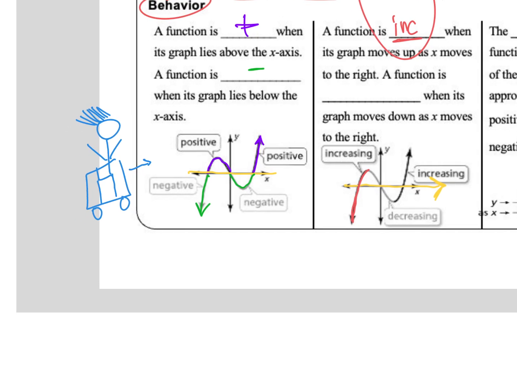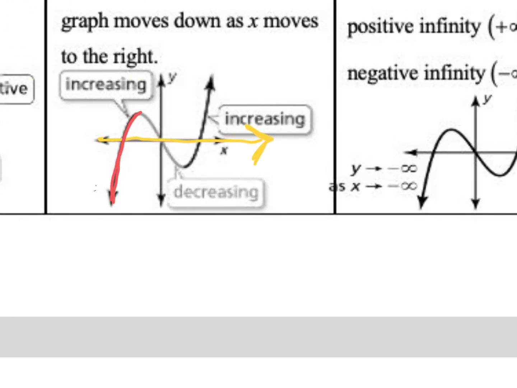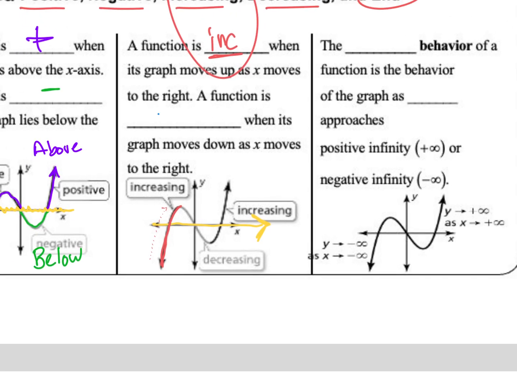So when it comes to positive and negative, it's almost like this is water and positive is above water and negative is below water or underwater, right? Increasing is, well, you're increasing up on a roller coaster, right? As you're getting higher and higher and higher. And then, I bet you guessed it, a function is decreasing.